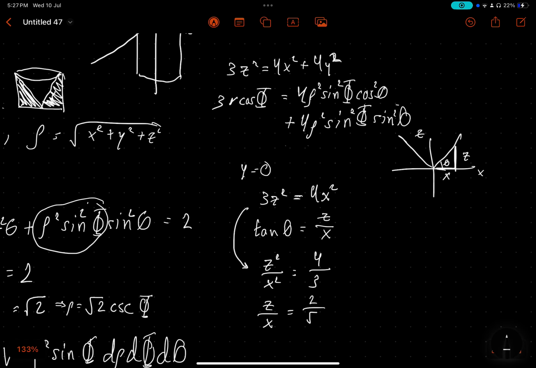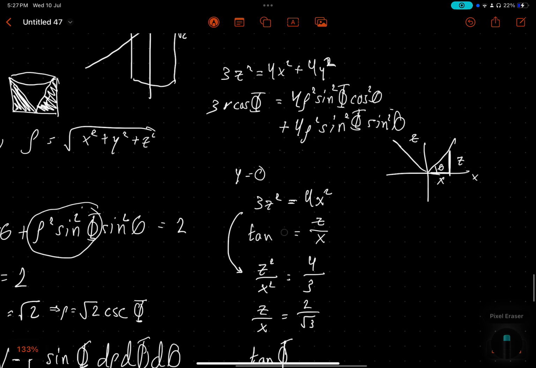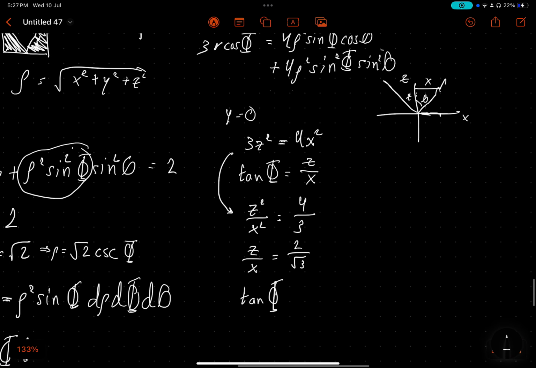Now tan theta, or tan phi, not theta. Actually, phi is from the z-axis up to the line. So here, this is phi, and so it's gonna be x over z. This is x and this is z, and this angle is phi, so tan of phi is x over z.